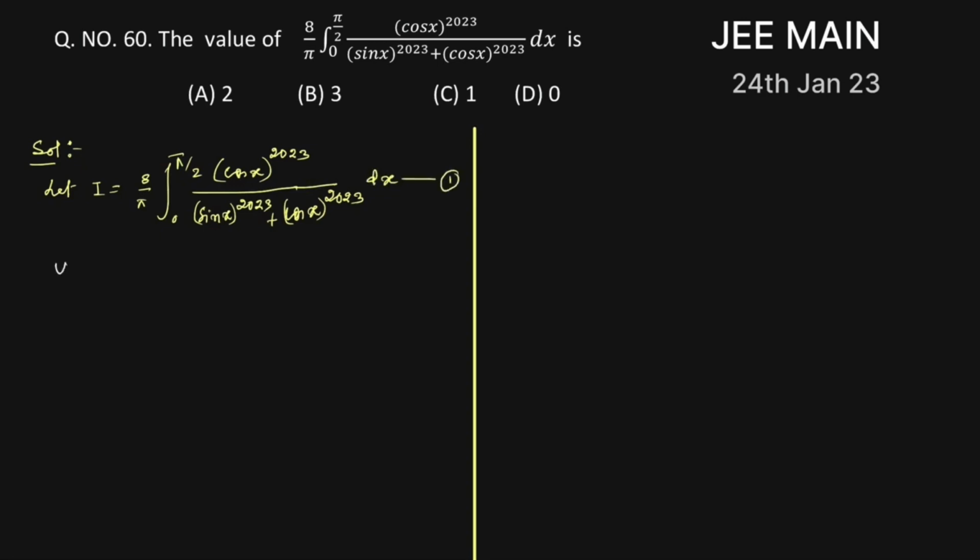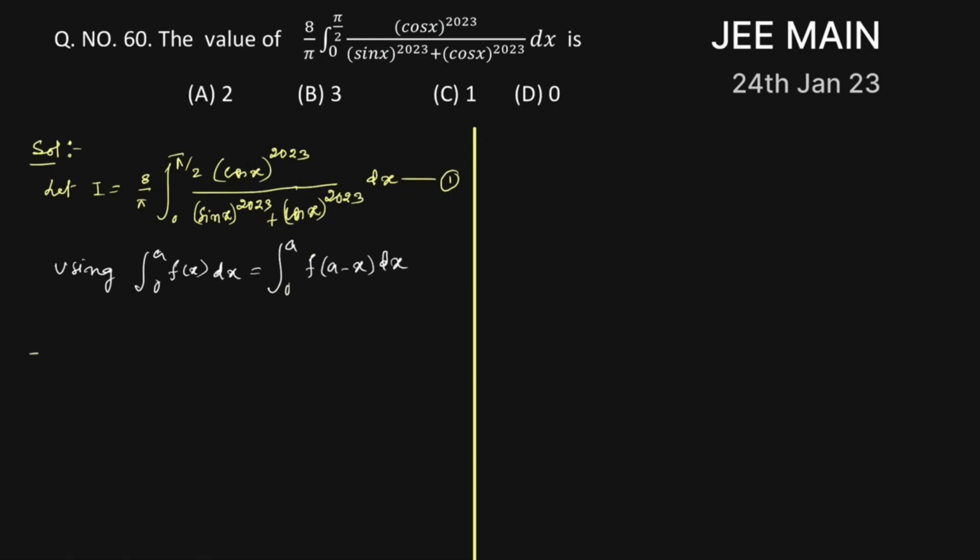Now using the property integral 0 to a f of x dx, which we are able to write as integral 0 to a f of (a minus x) dx.